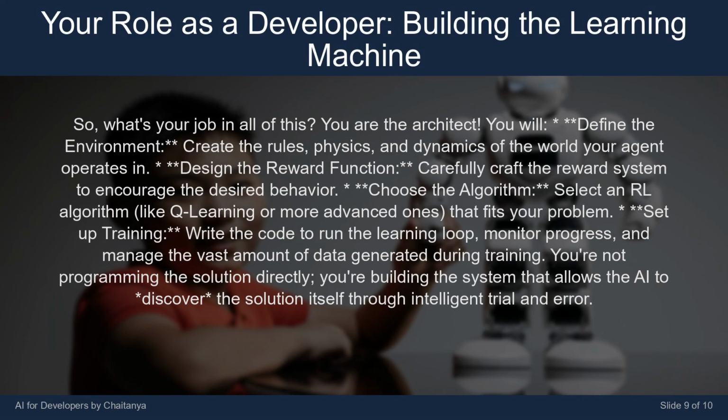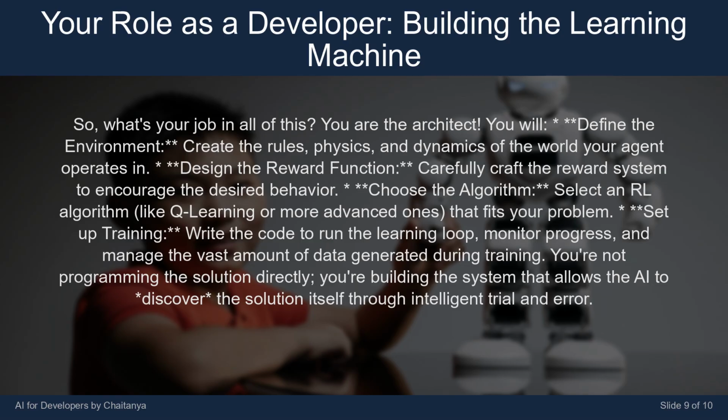So, what's your job in all of this? You are the architect. You will define the environment: create the rules, physics, and dynamics of the world your agent operates in. Design the reward function: carefully craft the reward system to encourage the desired behavior.